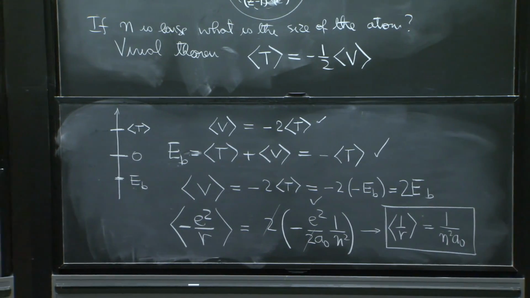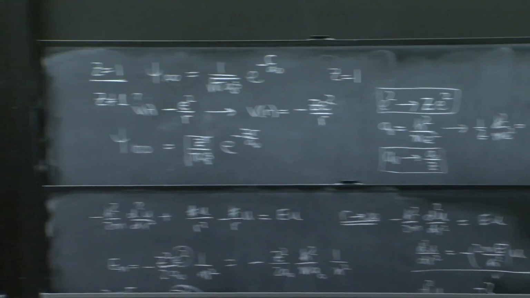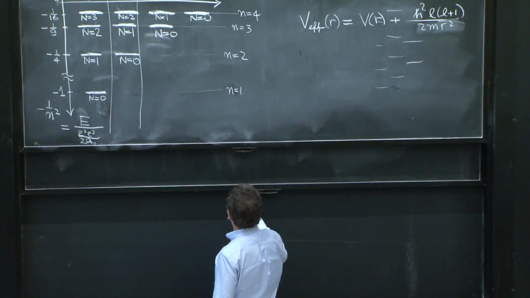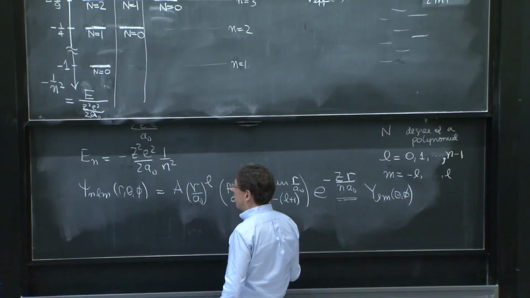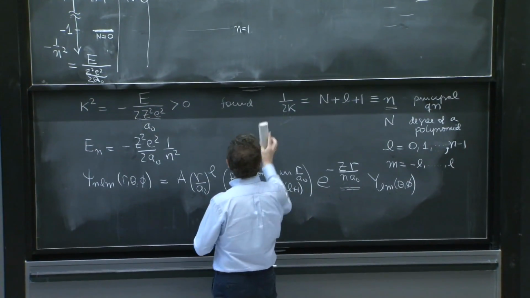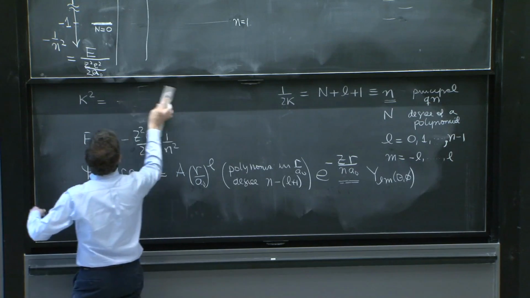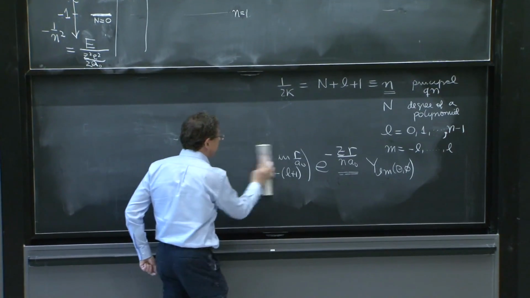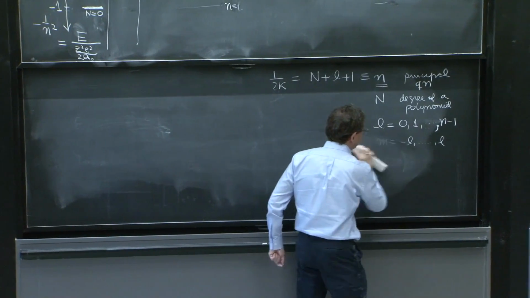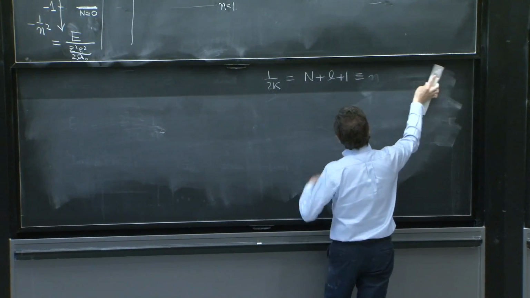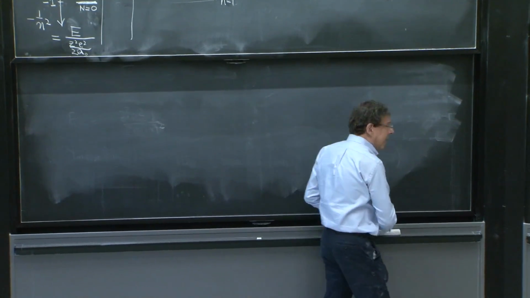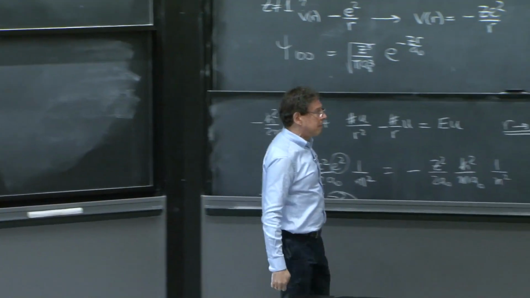It's somewhat related, but there's no theorem, because it would be false, that the expectation value of 1 over a random variable is 1 over the expectation value of the random variable. It's just not true. This nice result for 1 over r is exactly true, and it's L independent.